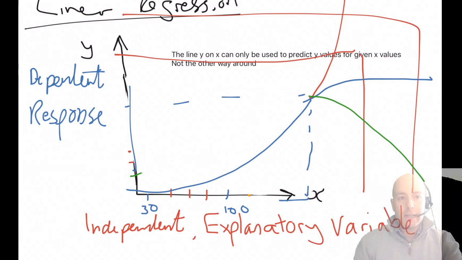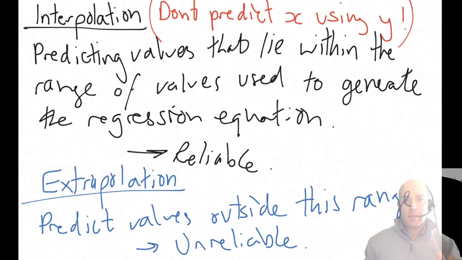So if you predict inside the data, that's okay. That's called interpolation. And that's predicting values that lie within the range of values used to generate the regression equation. And that's quite reliable. Alternatively, extrapolation is when you predict values outside the range of values used to create the equation, and that's unreliable because you're kind of gambling that the trend in the data is going to continue as it has done already.